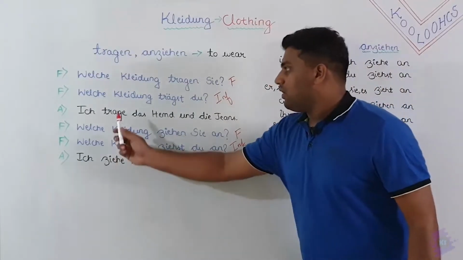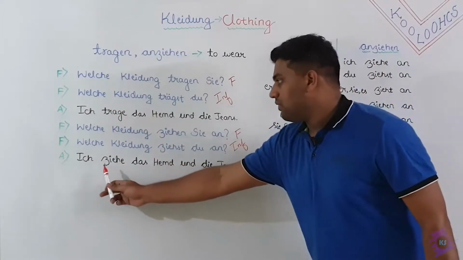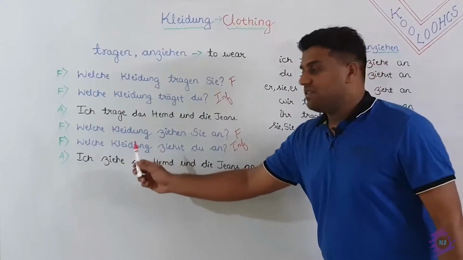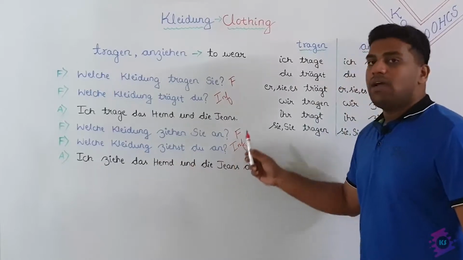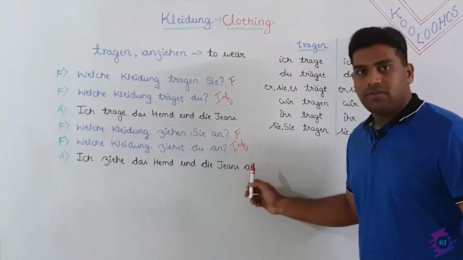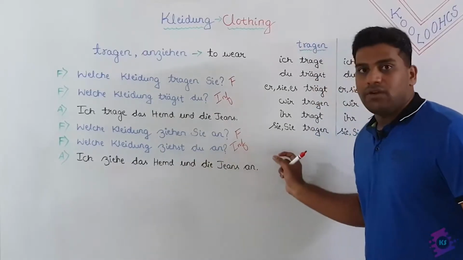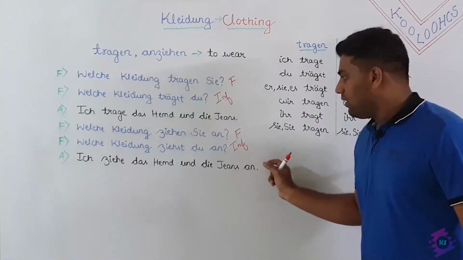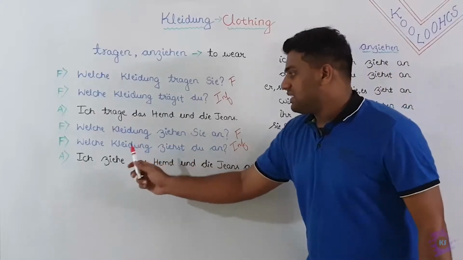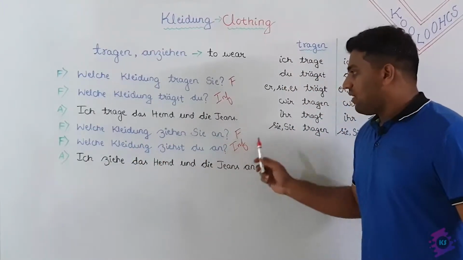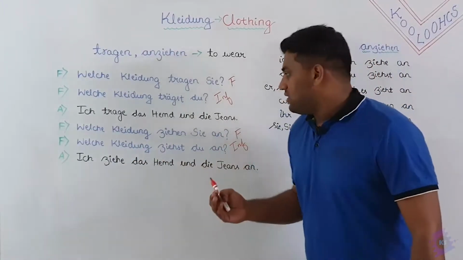Here, instead of ich trage, you should use ich ziehe. Ich ziehe das Hemd und die Jeans an. You need the prefix an in the end, else it will have a different meaning. Don't forget to keep the prefix at the end of the sentence. Ich ziehe das Hemd und die Jeans an. That means I wear the shirt and the jeans.